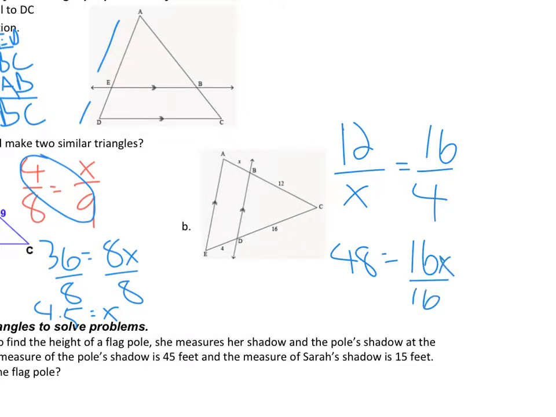Divide by 16, and x equals 3. Okay, so again, this is more about understanding what proportions you can set up, because once you've done that, we cross multiply, which you've been doing for a while, and then we're dividing. So it's really 2 steps of computation, which majority of it you can just do with your calculator.